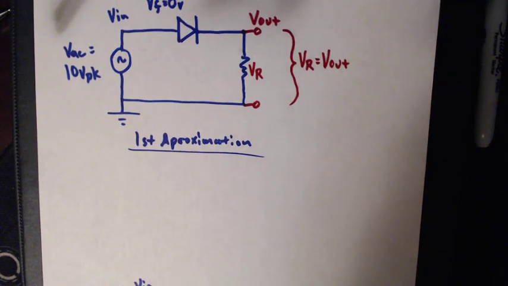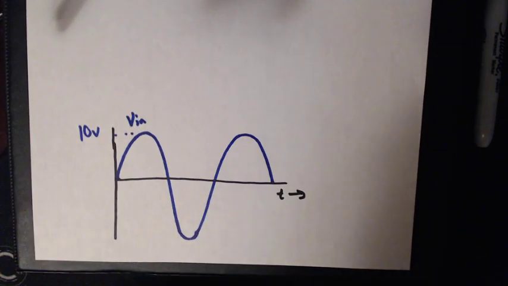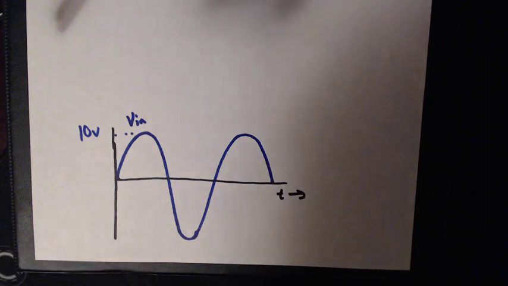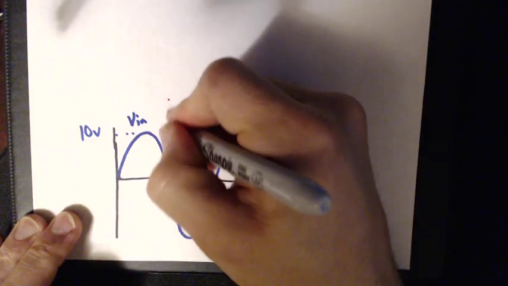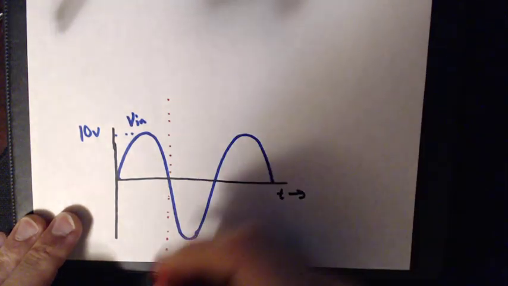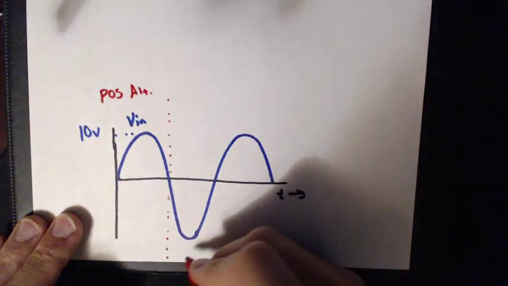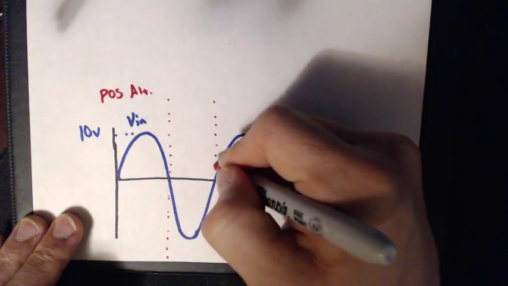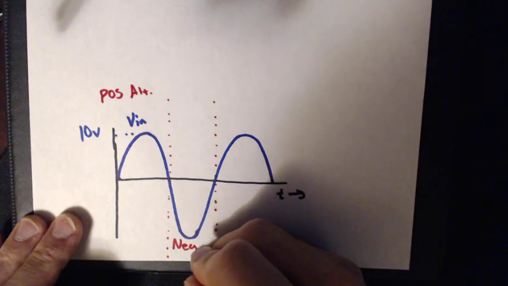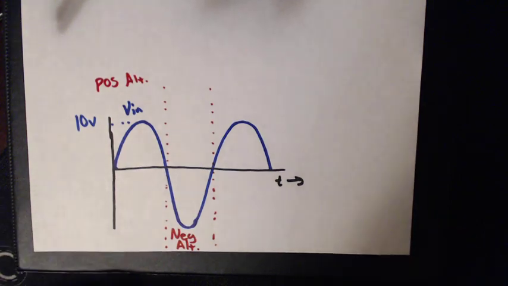Okay, so let me go back over here and say we have two different cases that we can study. The first one is the positive alternation, and down here is the negative alternation.